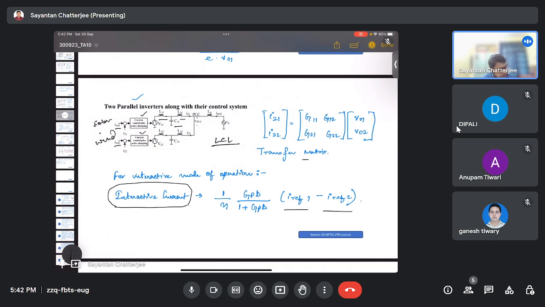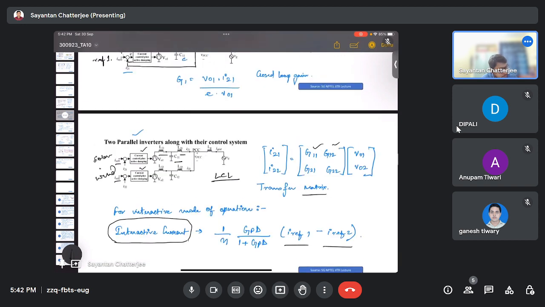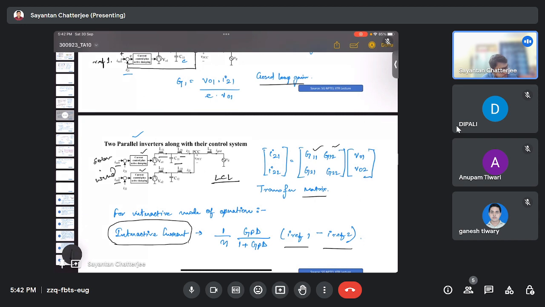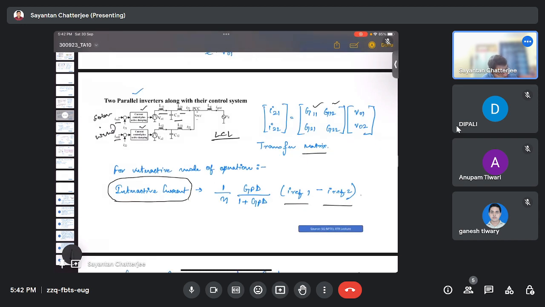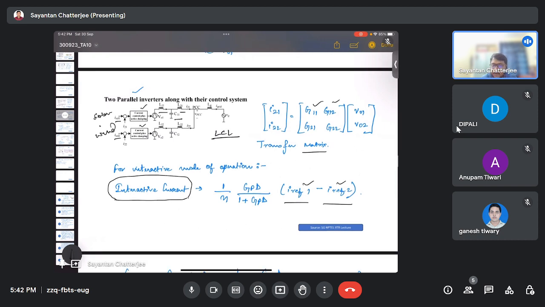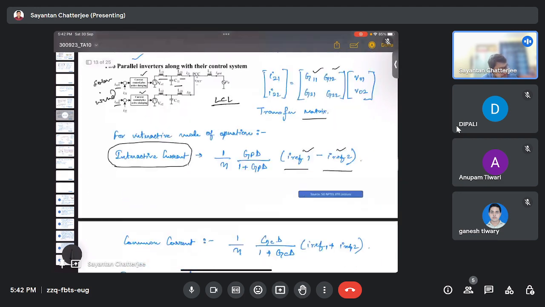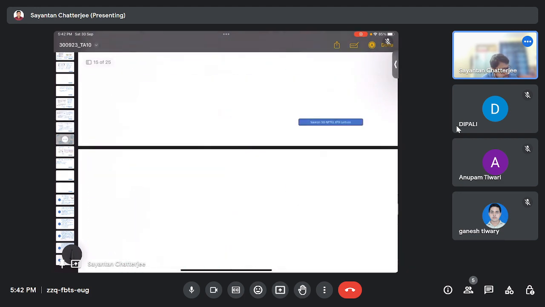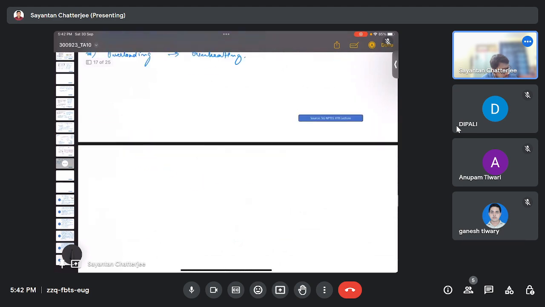This is the transfer matrix where G is the closed loop gain that we have observed, and this is the interactive current. Both references can be the same when the filter designs are perfect.